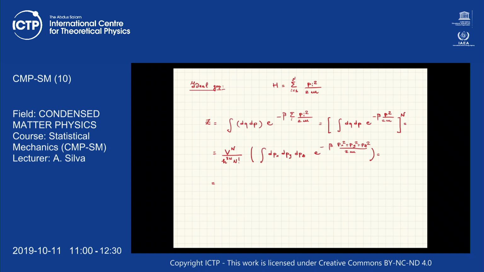We know how to do Gaussian integrals. So at the end of the day, we'll get 1 over n factorial, V over h cubed to the power n, and then the square root of 2m pi over beta to the power 3n.